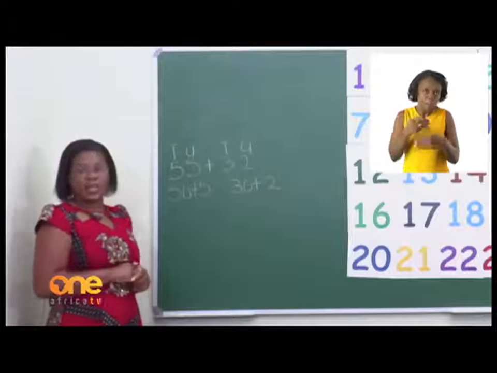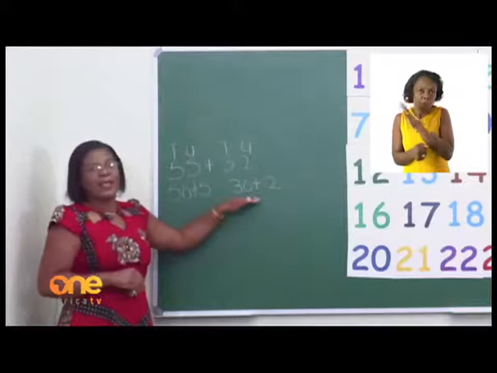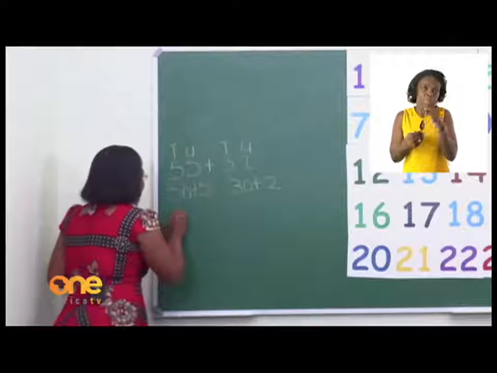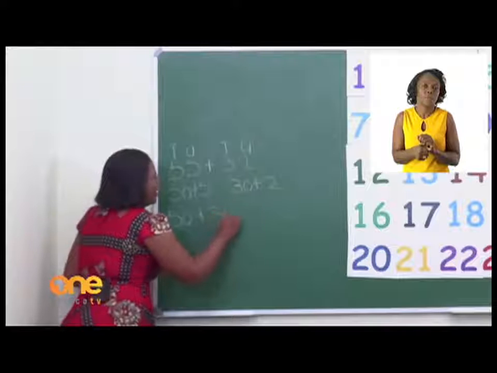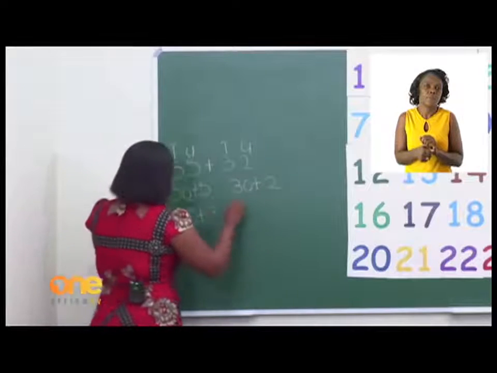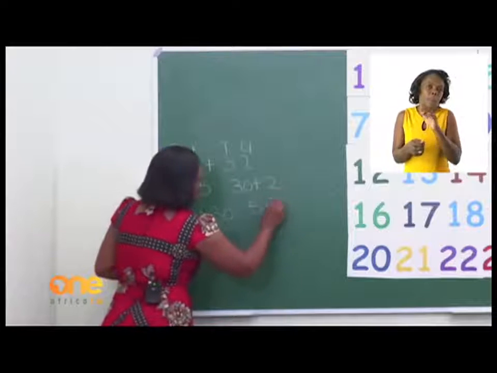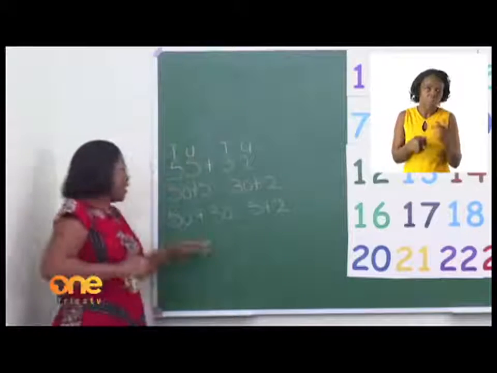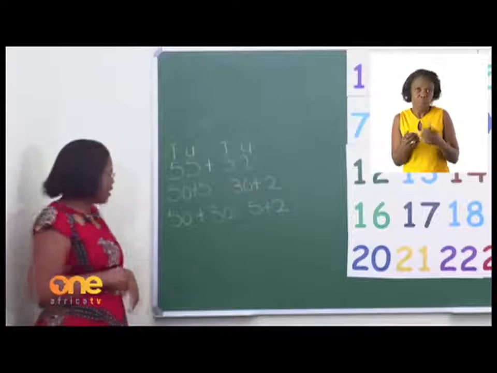Now we add the tens first, so we add 50 and 30 first. Then we are going to add 5 and 2. Now this will be very easy for us to get to the final answer.